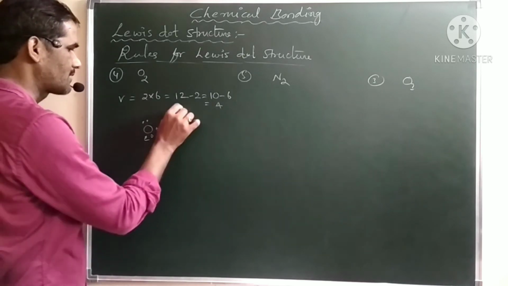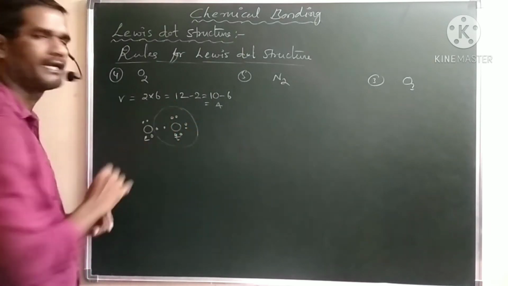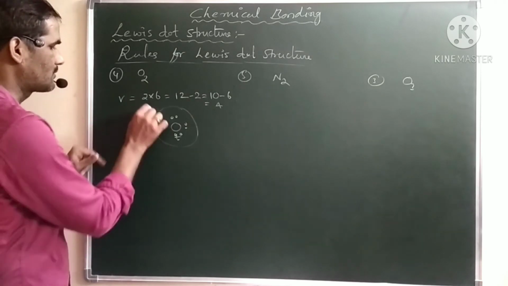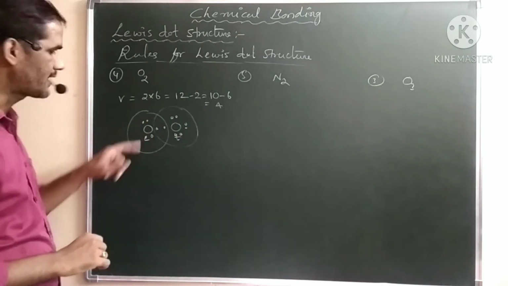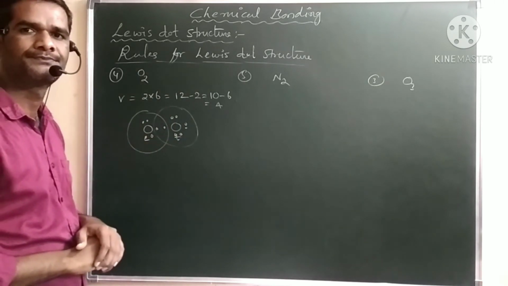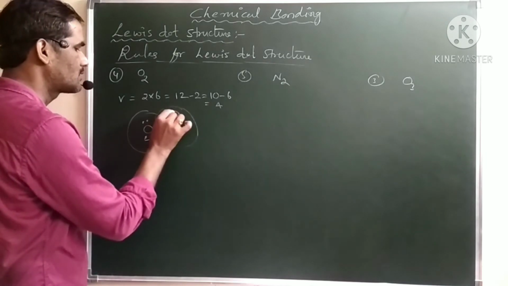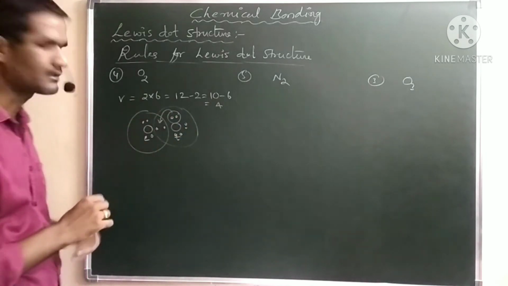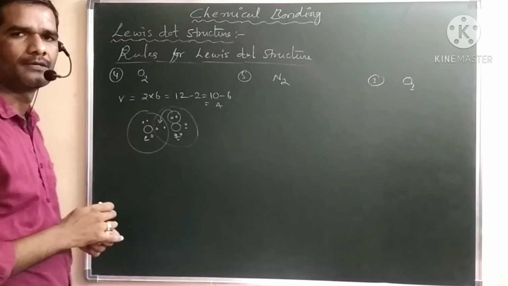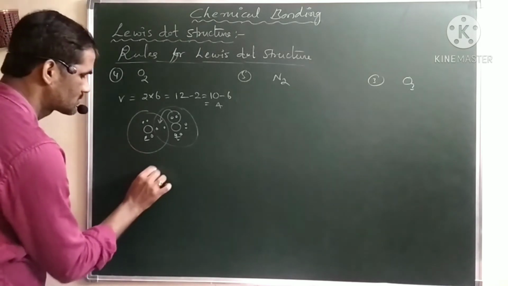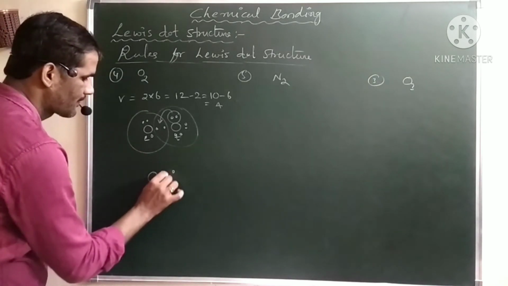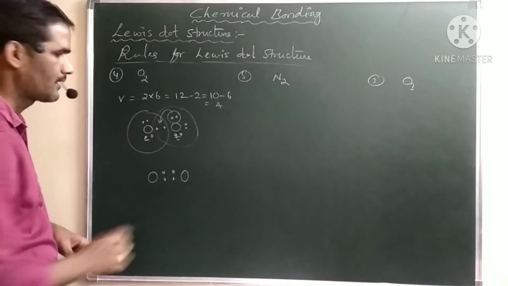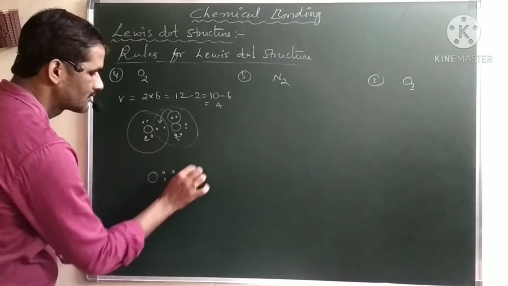Now see, this terminal atom is anyhow satisfied with an octet, but the central atom is not. Why? It has only 6 electrons. Then we have to move 2 electrons between the 2 atoms. Then what overall structure will we get? This electron shifted here.